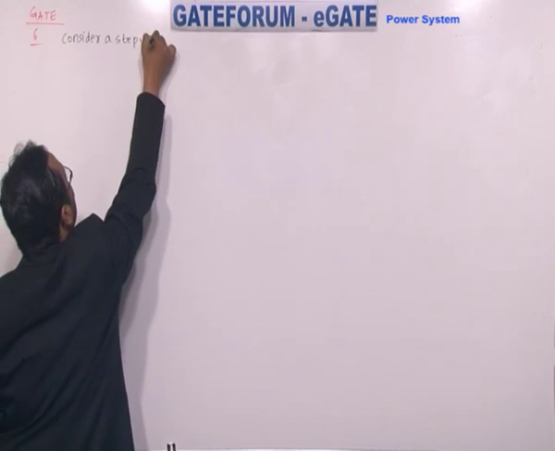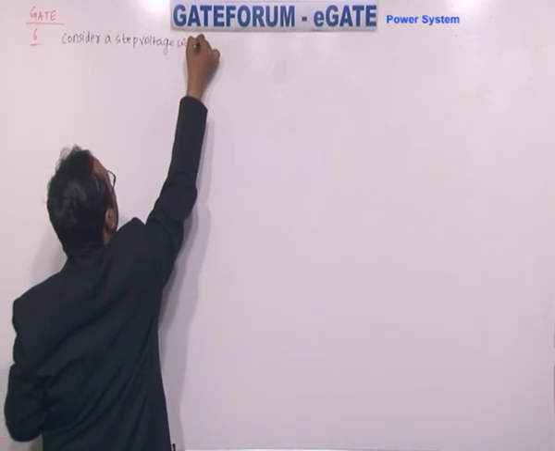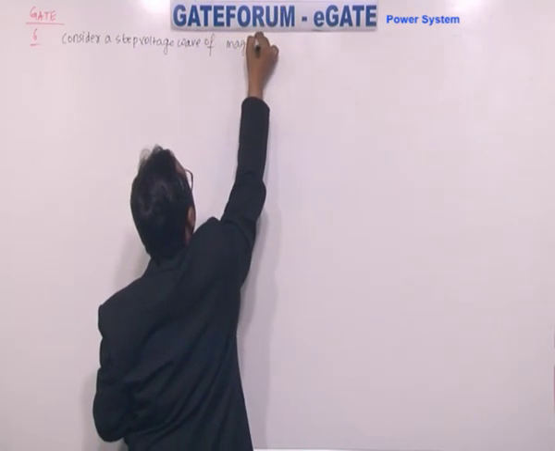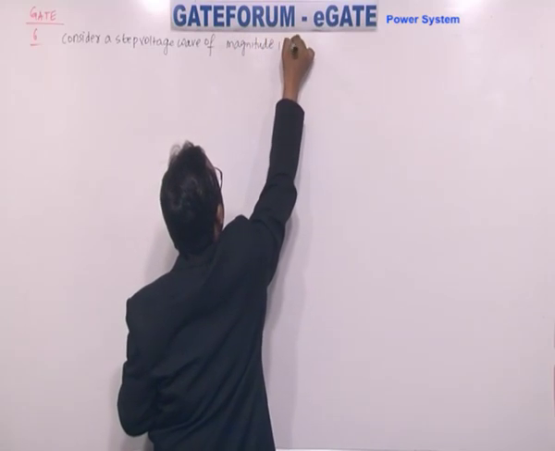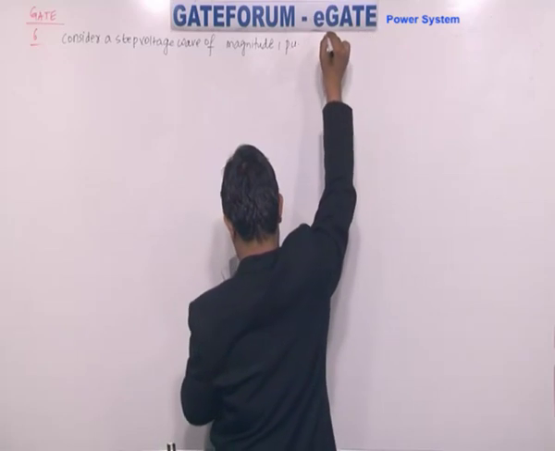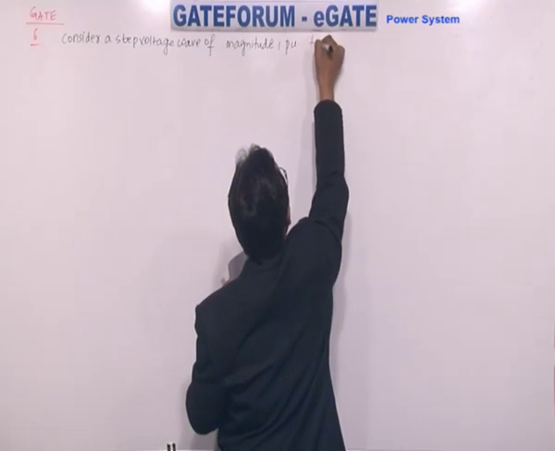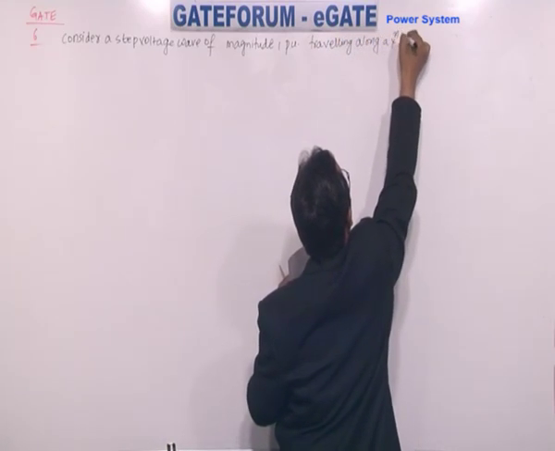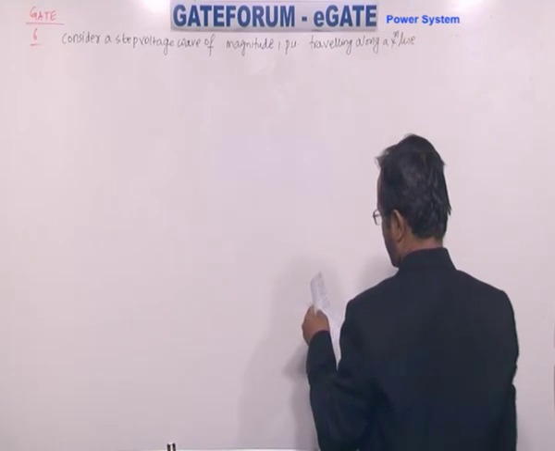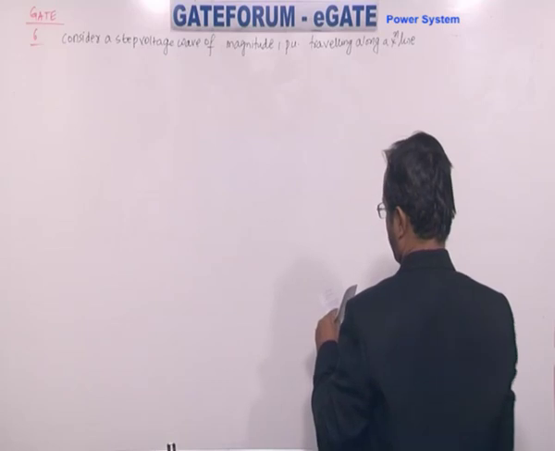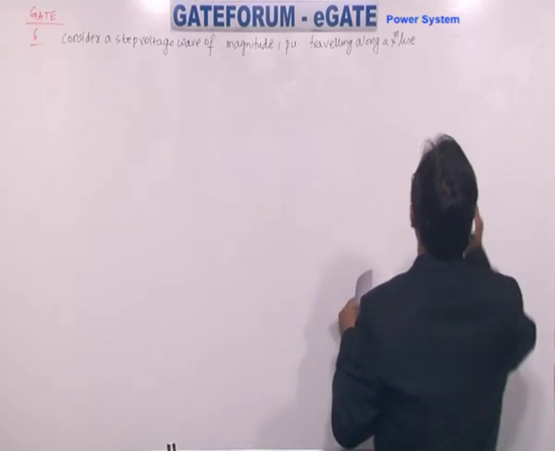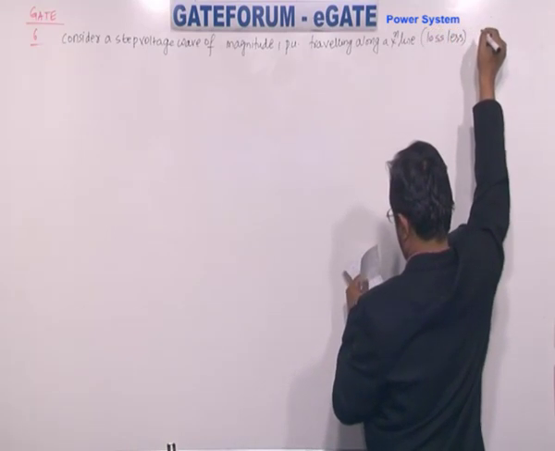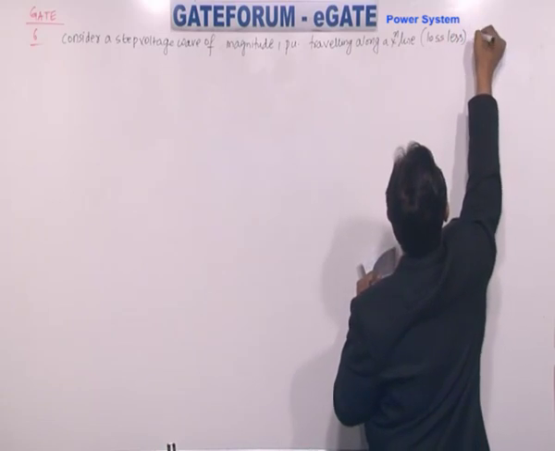Consider a step voltage wave of magnitude 1 per unit traveling along a transmission line, within the brackets it is given lossless, that terminates in a reactor.